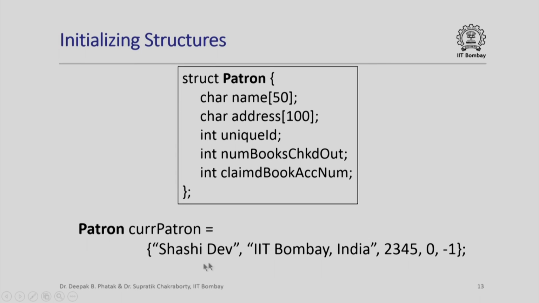The important point to note is that the order in which you specify these initial values is exactly the same as the order in which the members are defined within the structure.